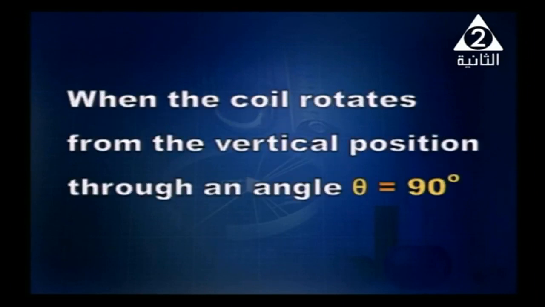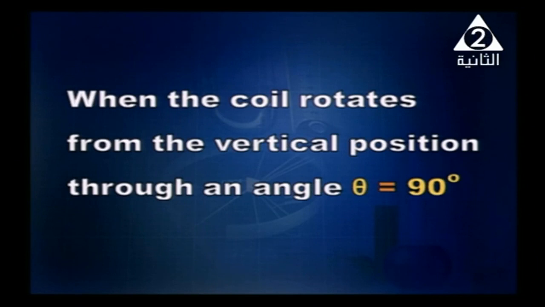When the coil rotates from the vertical position through an angle theta equal to 90, it will be in the horizontal position. In the horizontal position, EMF is maximum because the sides move perpendicular to the field. We've got maximum cutting.